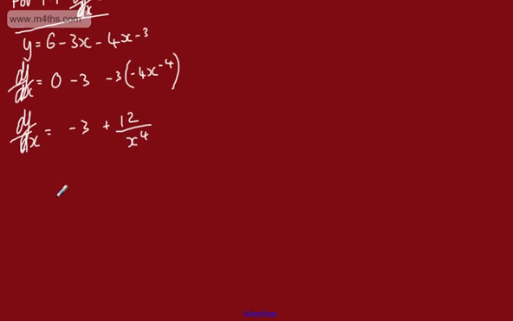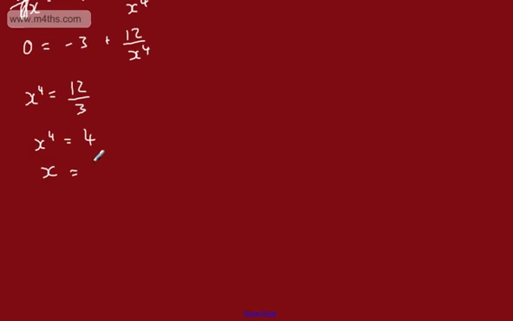So let's set dy by dx equal to 0. So 0 is equal to minus 3 plus 12 over x to the 4th. I can rearrange and say x to the 4th is equal to 12 over 3, so x to the 4th will be equal to 4. We can take the fourth root of both sides, and x is going to be plus or minus 4 to the power of 1/4.